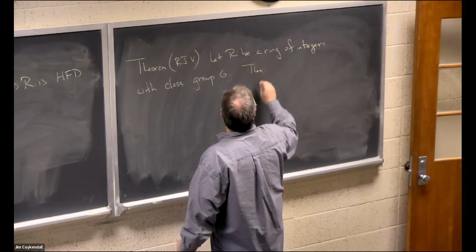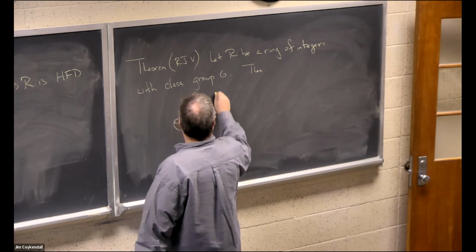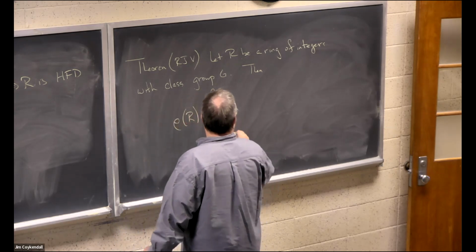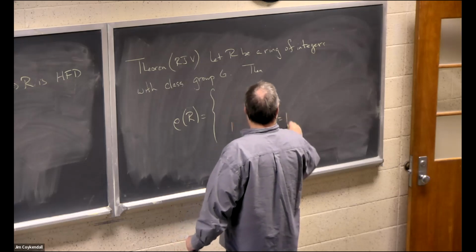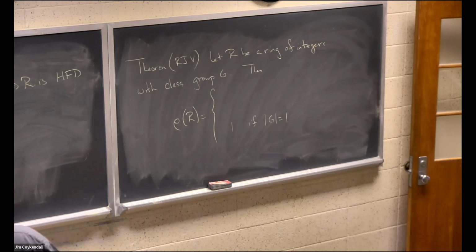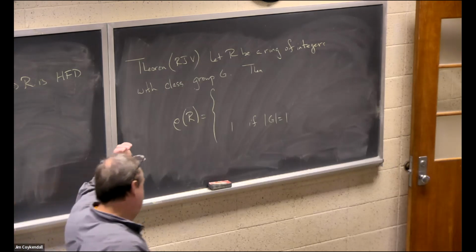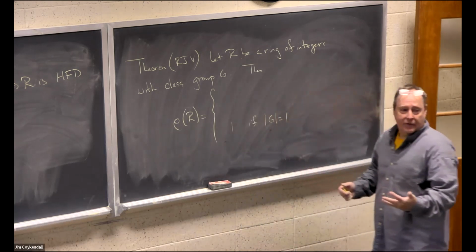Then rho of R is 1 if the order of the class group is 1. And what does it mean for the order of the class group to be 1?